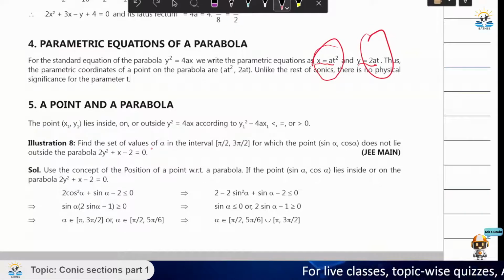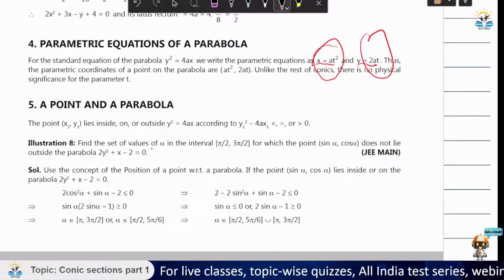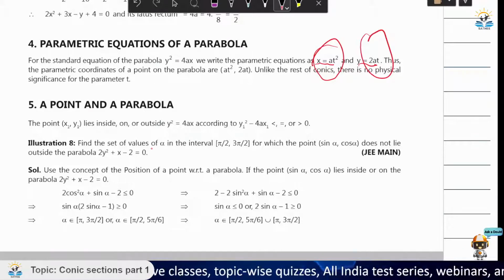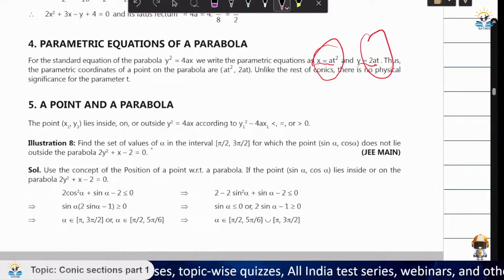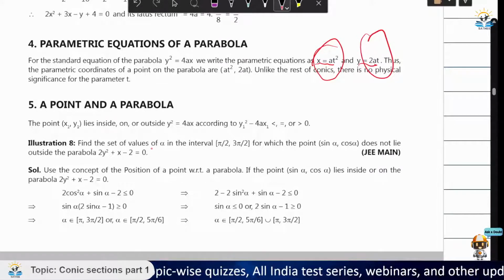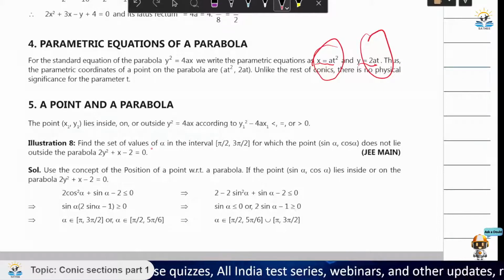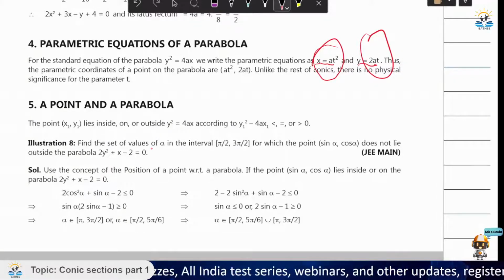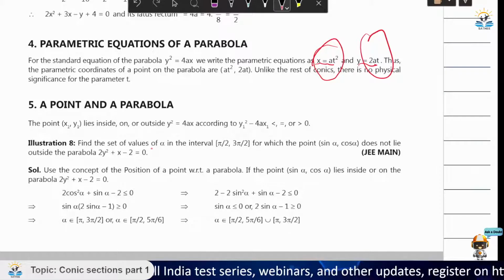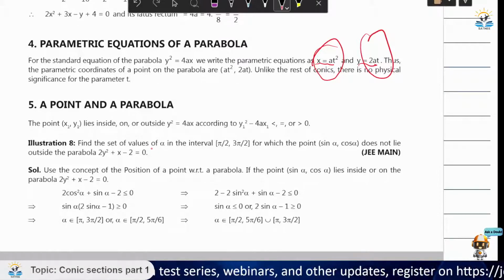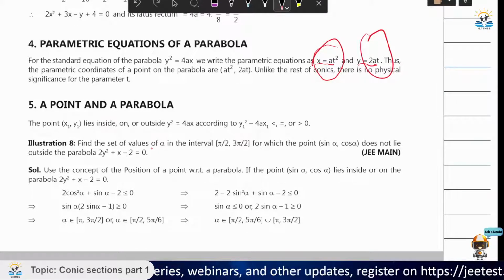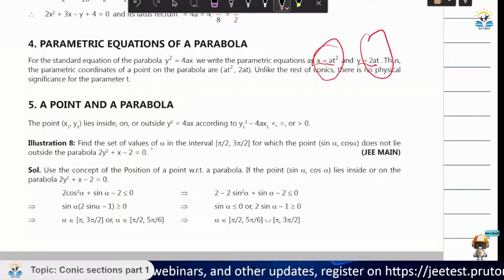So whenever someone says we have to take a point on a standard parabola, what we can assume is that x is equal to at square and y is equal to 2at. This is the assumption that we can always take.